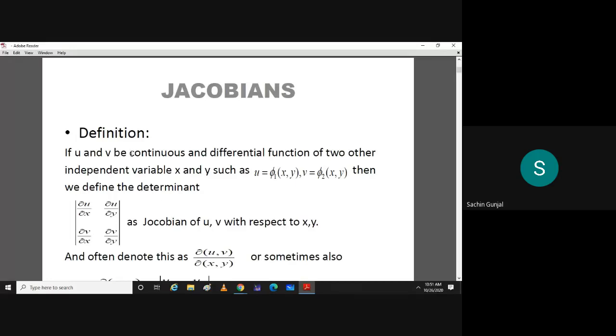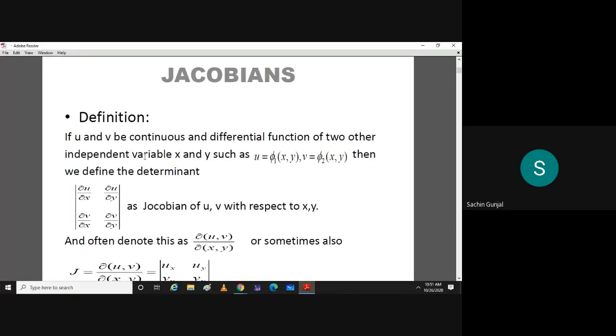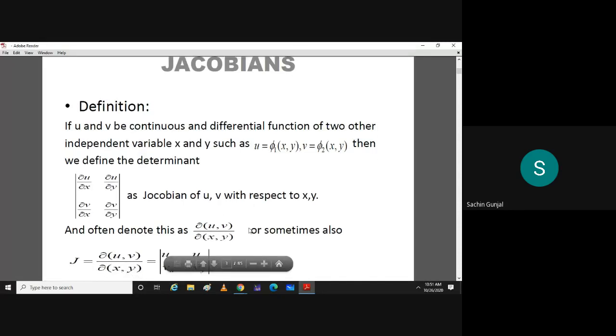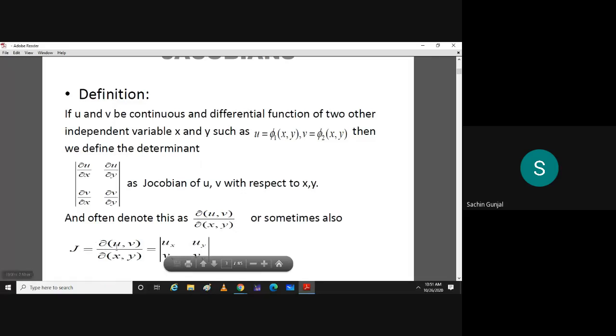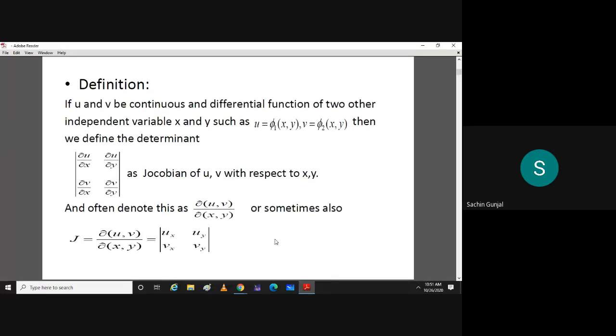For two variable functions u and v, the Jacobian of u, v with respect to x, y is denoted by J equal to dabba of u comma v divided by dabba of x comma y, and it is read as Jacobian of uv with respect to xy. The definition is determinant of ux uy and vx vy. So this will be a certain expression in x and y.